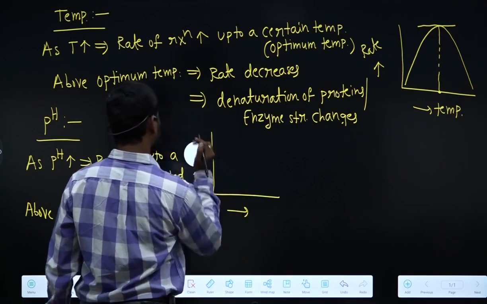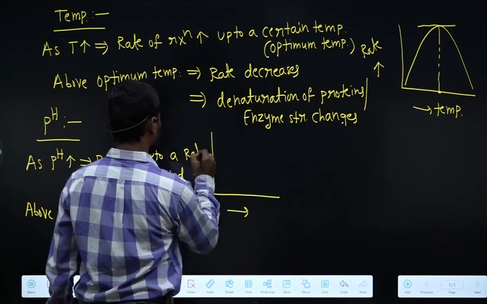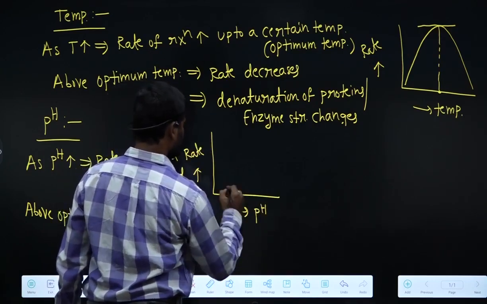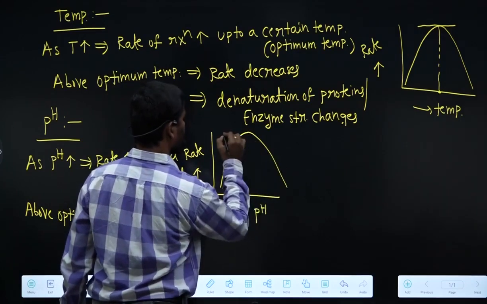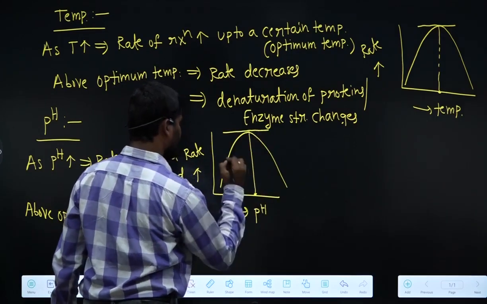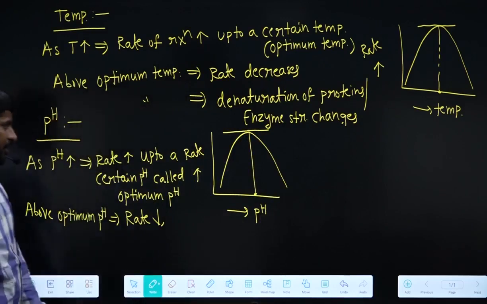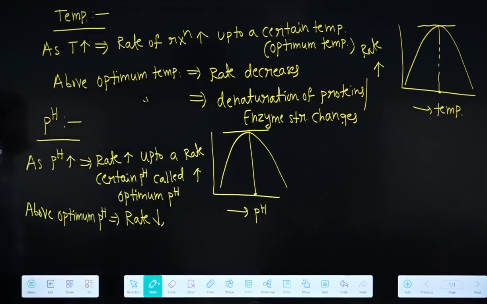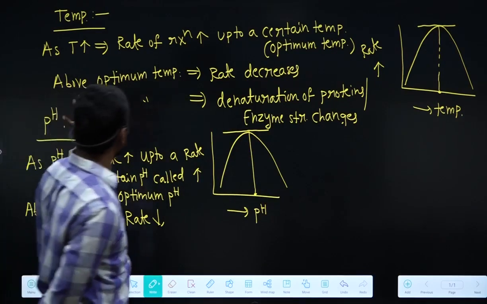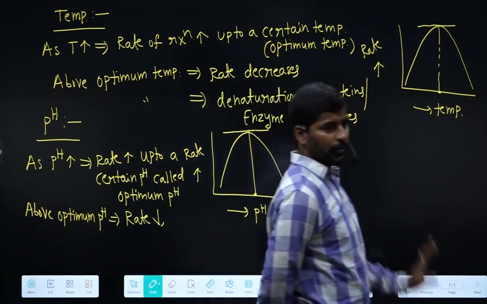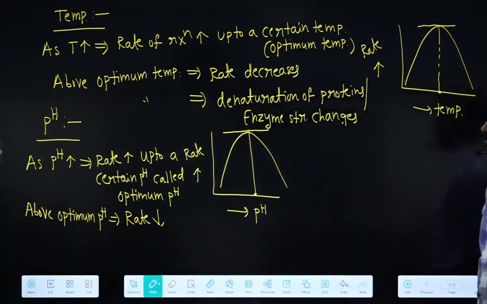So I am explaining briefly only, Andy. So up to certain pH it increases and again it decreases. For that also some derivations are there. I am not going to that part, Andy. So far no questions given from these two parts, temperature and pH part.